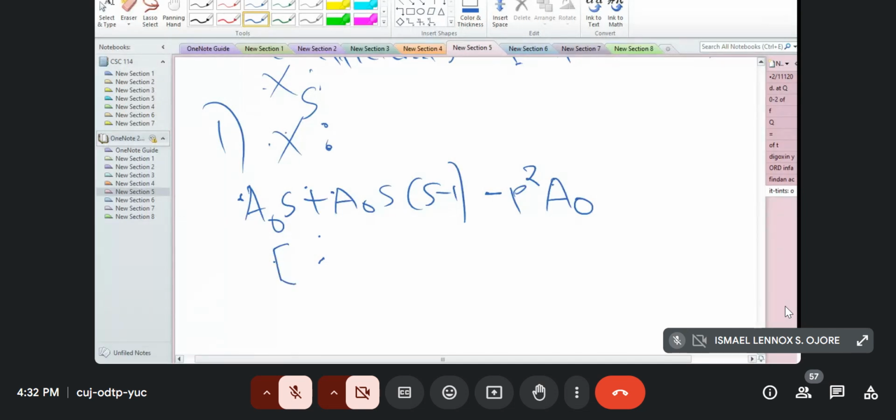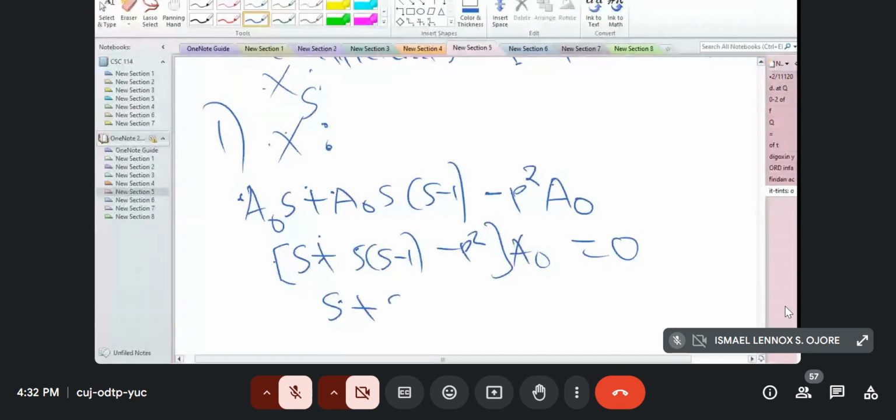It's common, so we have an s plus s into s minus 1 minus p squared times a naught. We need to set this equal to 0. If we expand the second term, this is s plus s squared minus s minus p squared times a naught equals 0.